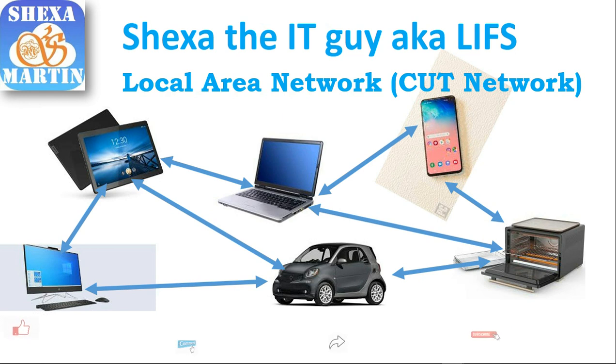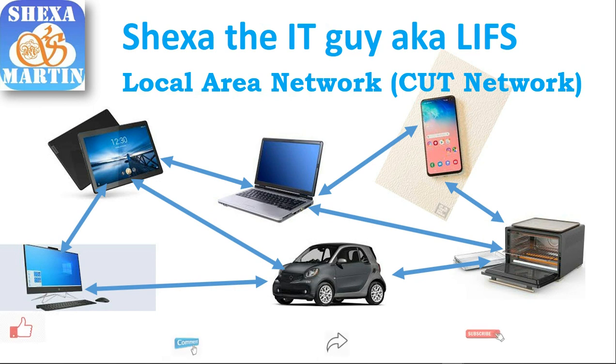For instance, it might be restricted to one building. We call it a local area network because we have computer devices that are locally available, and only these devices are connected to each other. It might be one building or several buildings like we have at CUIT.